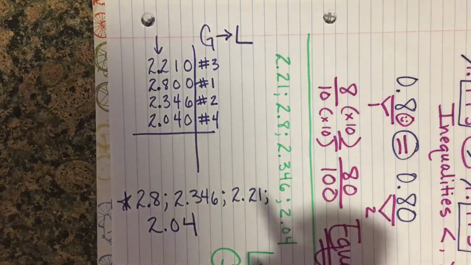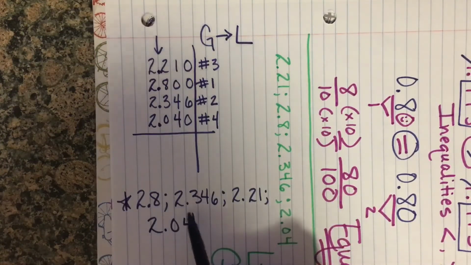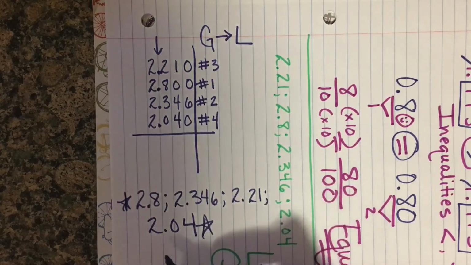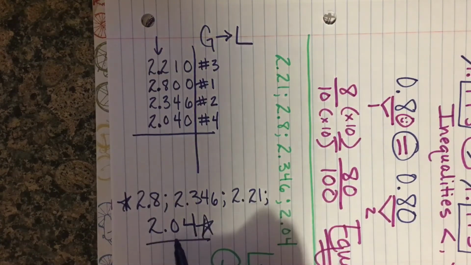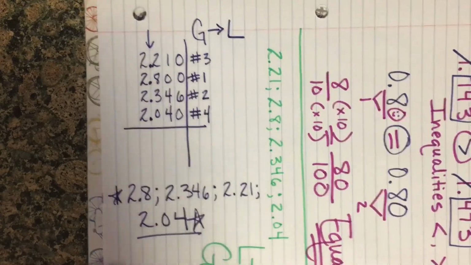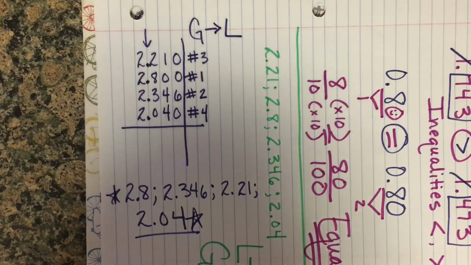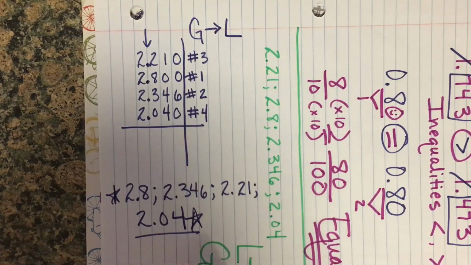A lot of kids like to read these 2.8, 2.346, 2.21. It's faster to read them that way, and I even like reading them that way sometimes. But if you actually say it correctly, 2 and 4 hundredths, that's going to help you the most when you are trying to do word form and when you're reading math word problems that write out the numbers, and that way you know exactly what it's supposed to look like.